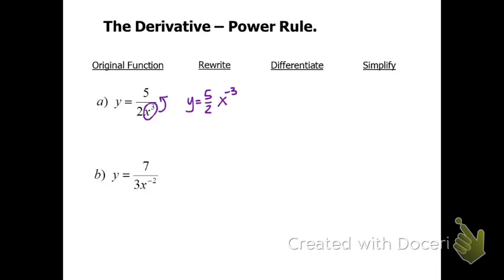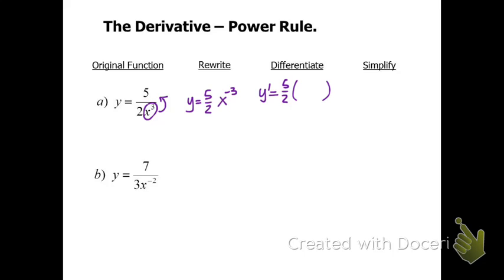Because you are changing terms in a fraction, so the exponent is going to change in sign. Now you are going to differentiate. That means that you are going to find y prime. So what is that going to be? You have a constant, you're going to write your constant, and you're going to multiply by the derivative of your function.